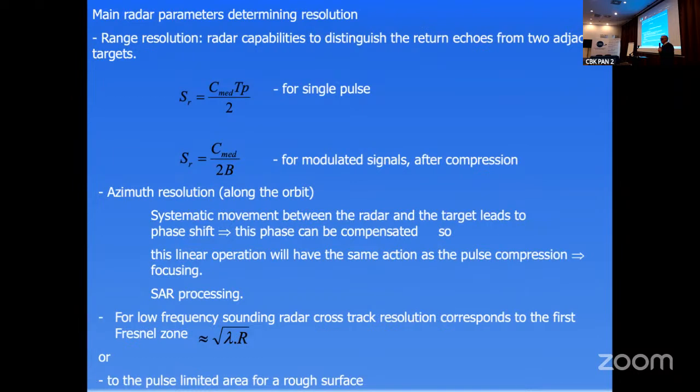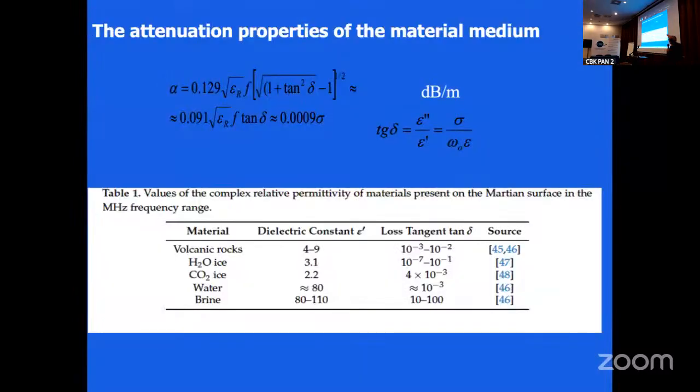But the resolution across depends on the roughness of the surface, then it can be time limited, or it depends on the first Fresnel zone. If you have a flat region, then you have a coherent answer of the surface. Then the signal is penetrating inside the medium and it is absorbed.